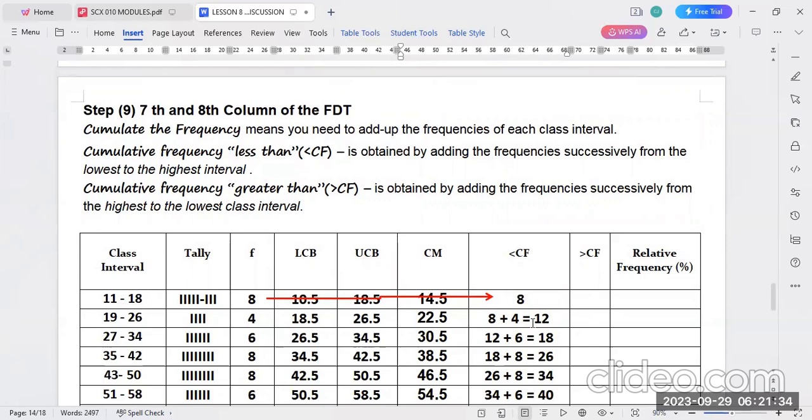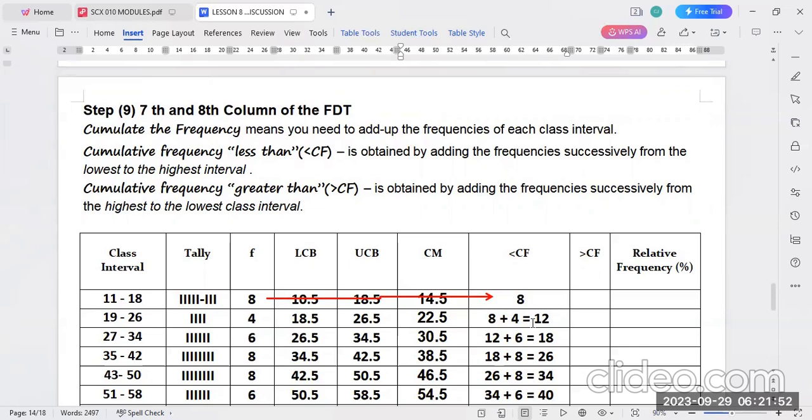So when you say cumulative, successively, sunod-sunod po yun. And then for the cumulative frequency greater than, this is obtained by adding the frequencies successively from the highest to the lowest class interval.